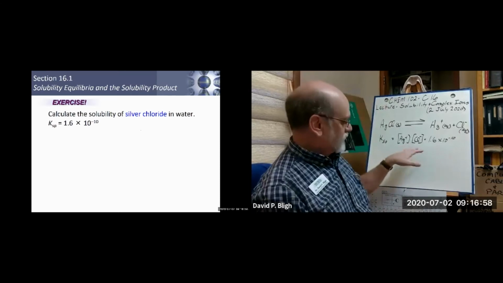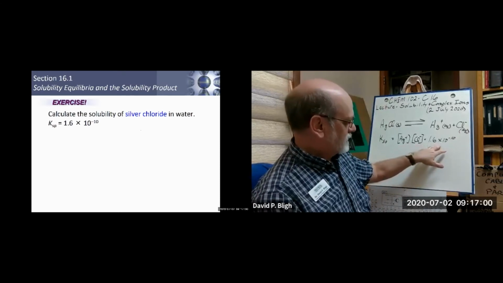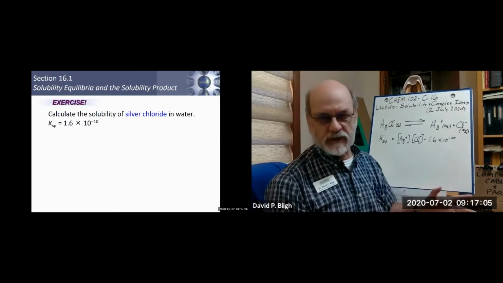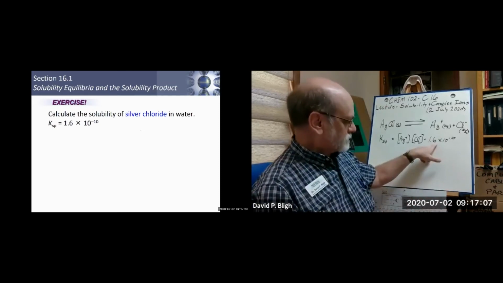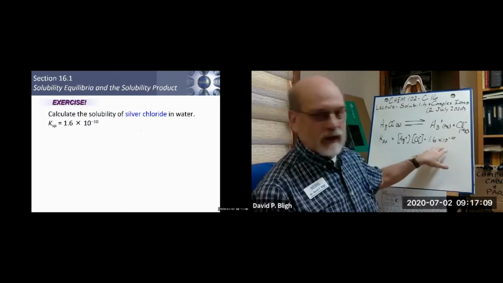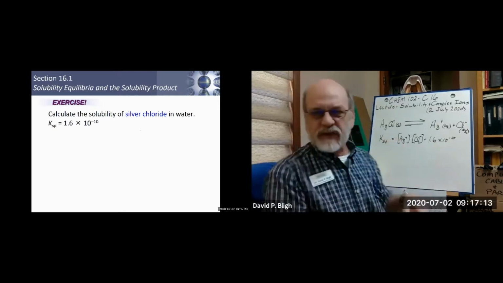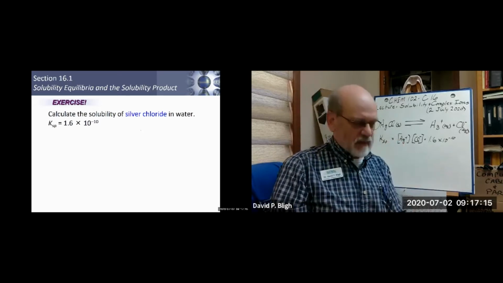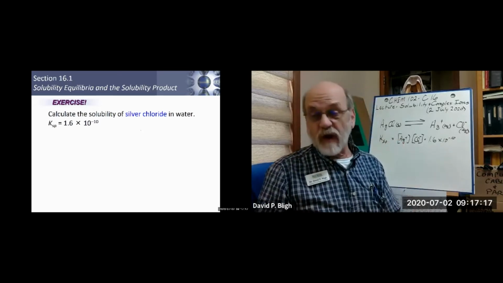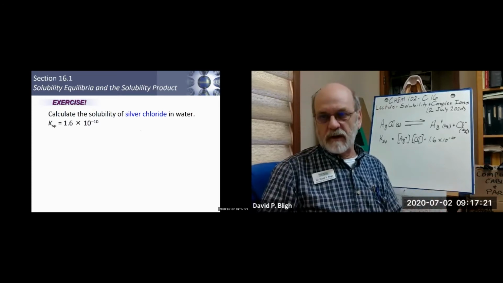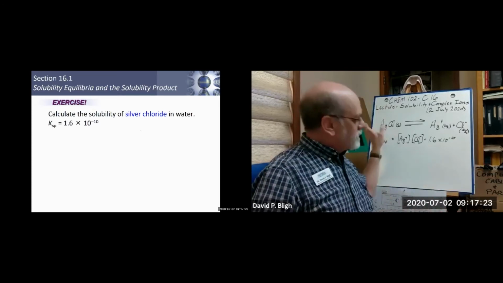So this implies, and this is characteristic of nearly all solubility products, they're going to be small numbers. If something is exceedingly soluble, like sodium chloride, the solubility product has no meaning, because all of this turns into that.